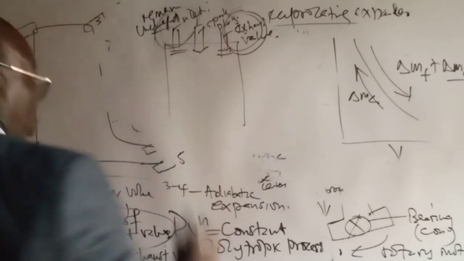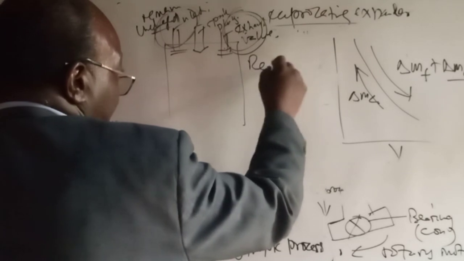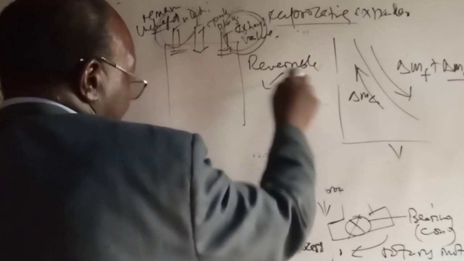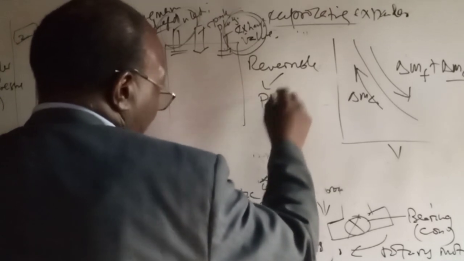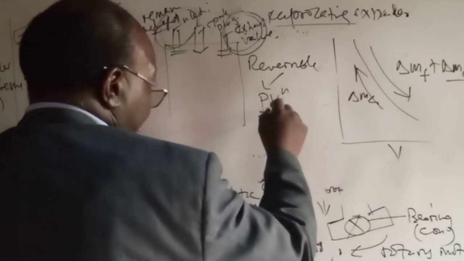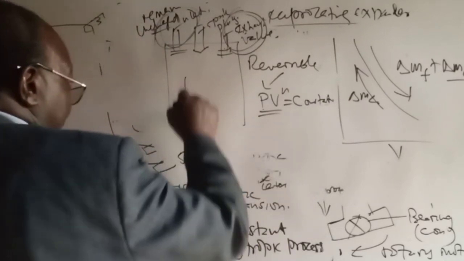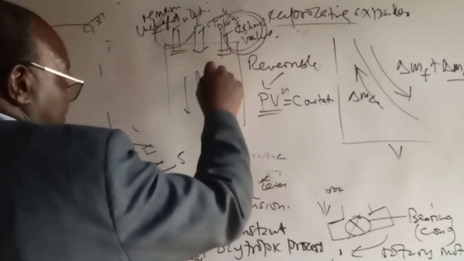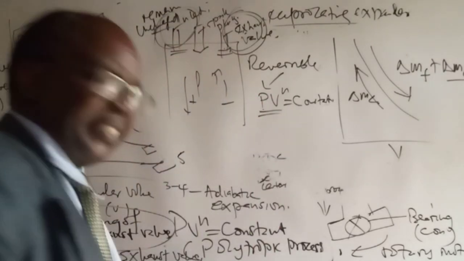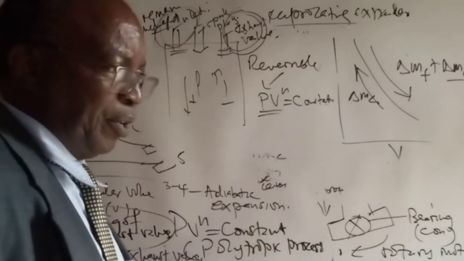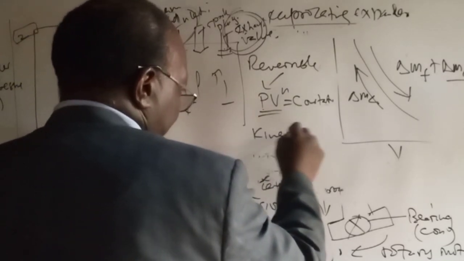Number two, we are assuming that this system is reversible and obeys the equation of state or characteristic equation for polytropic processes, PV^n is equal to a constant. And finally, we are assuming that the velocity of the fluid flowing in the system is very small, negligible. So kinetic energy is not an issue. So kinetic energy can be ignored.